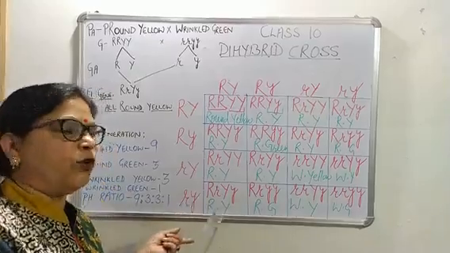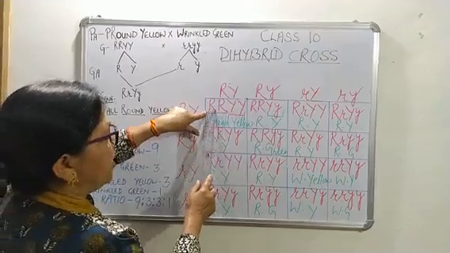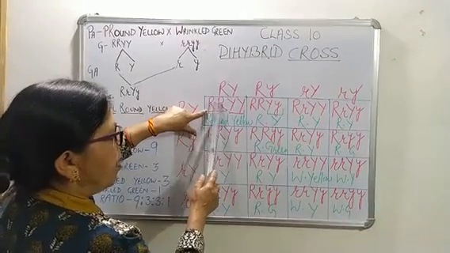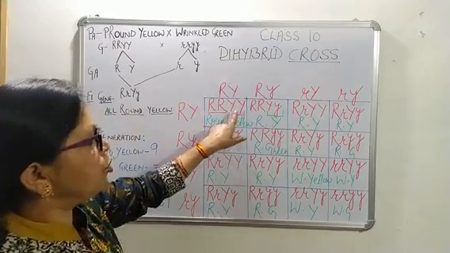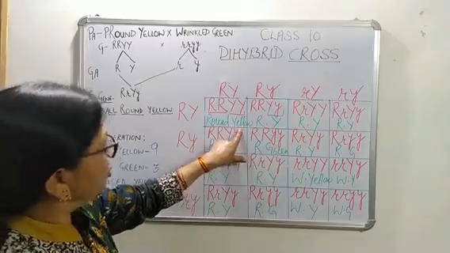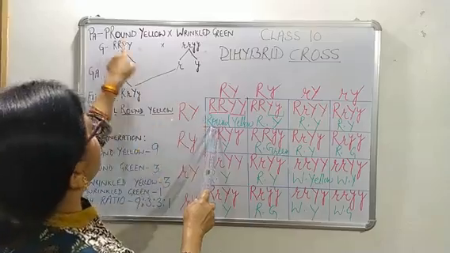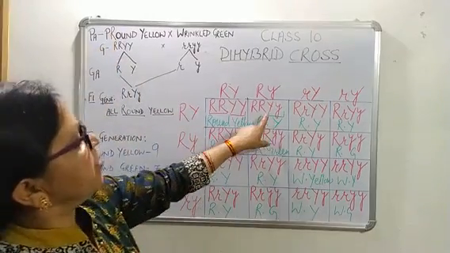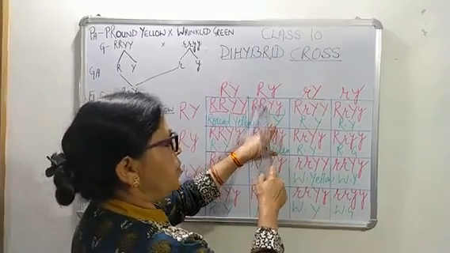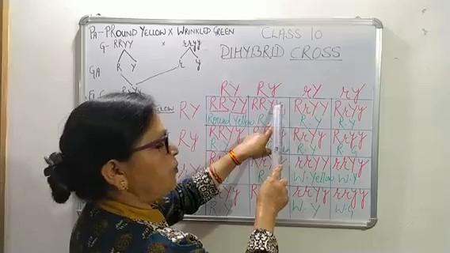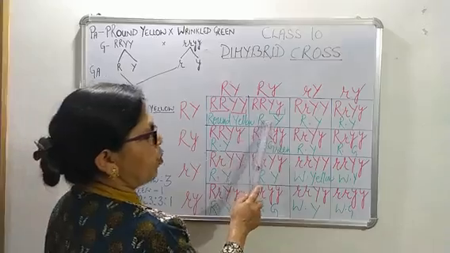Now, how to write the phenotype? This is all genotype. For writing phenotype, take two factors together. Capital R is round. Capital Y is yellow. If both are capital, it will show the dominant trait. But if one is capital, in this combination you can see R is round, and capital Y and small y, only one capital Y is there, but it is sufficient to express itself. So it will be round and yellow.